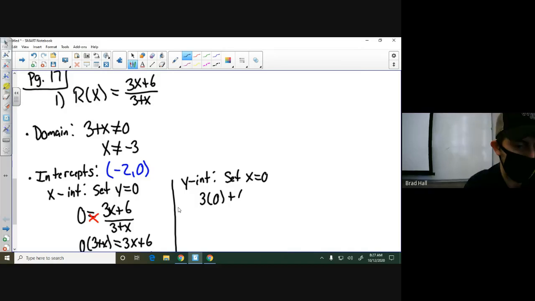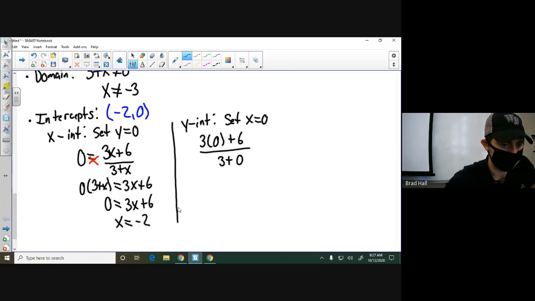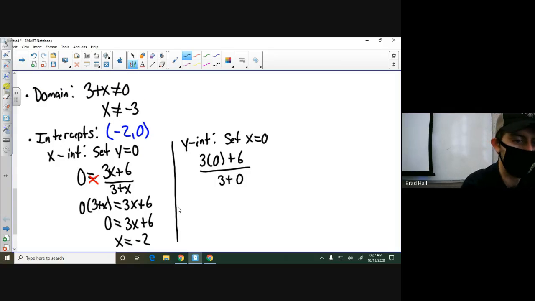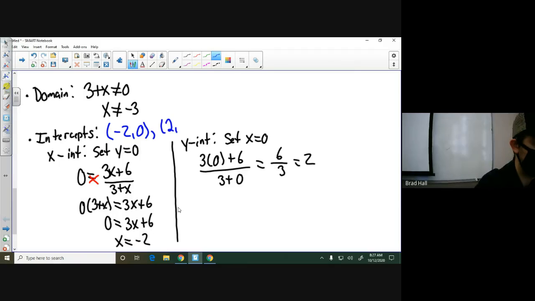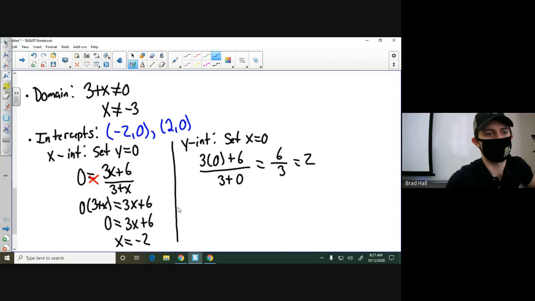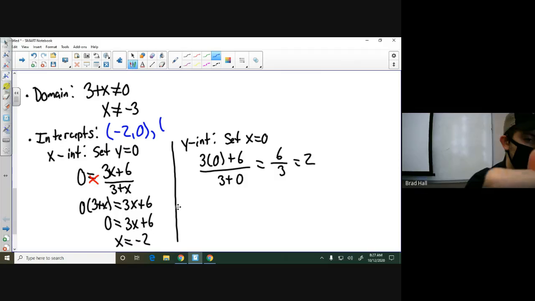So 3 times 0 plus 6 over 3 plus 0. And so that's just 6 over 3, which is 2. So that gives us one more intercept. Wait, that is definitely wrong. 100% wrong. 0 goes first, and then 2. There we go.